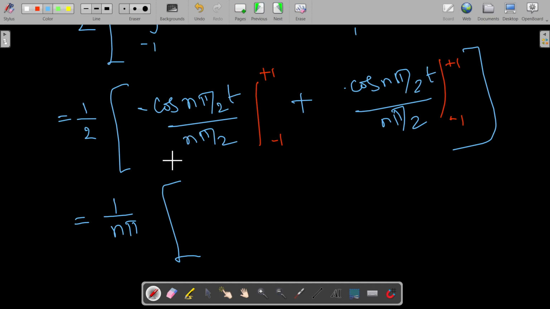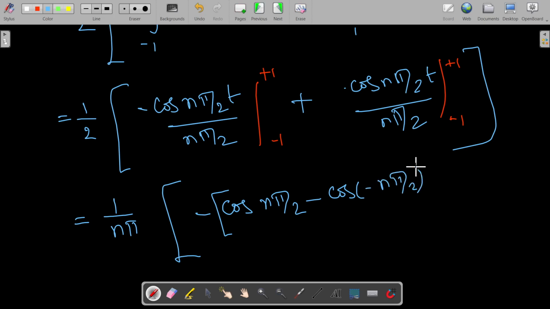Okay, so for this case, by applying the limits, it is cos n pi by 2 when you apply positive 1, then minus of cos minus n pi by 2, like that we can write.